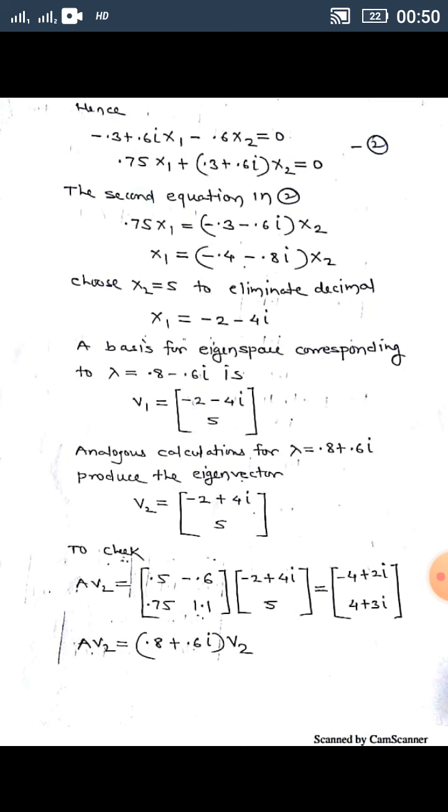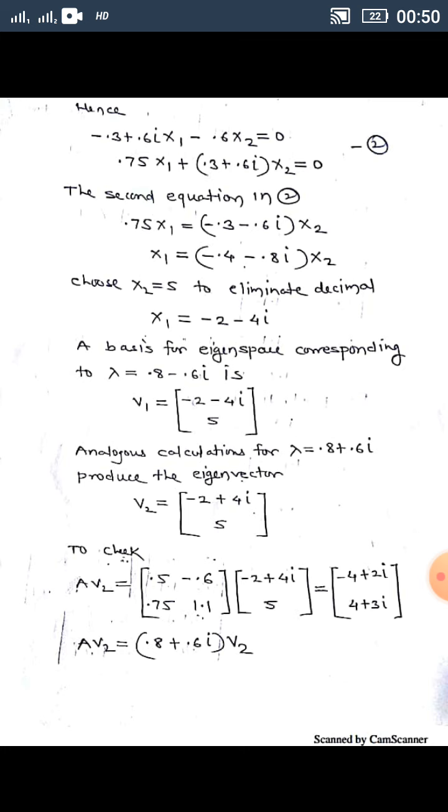It takes the complex conjugate, that is minus 2 plus 4i, and x2 is 5 as it is. So v2 is minus 2 plus 4i, the complex conjugate of minus 2 minus 4i, and 5 as it is. So v1 and v2 are the eigenvectors we have calculated.